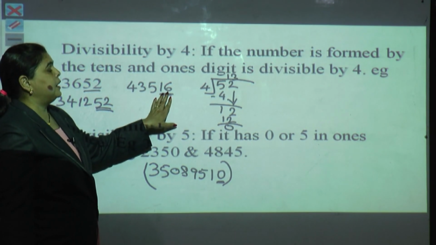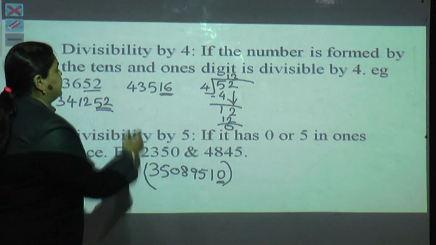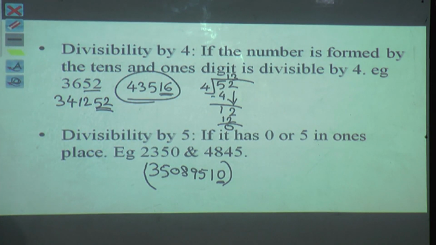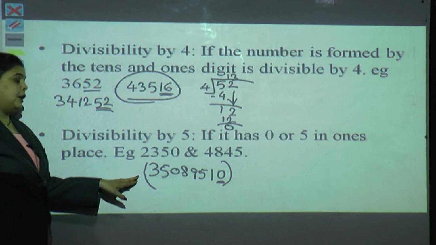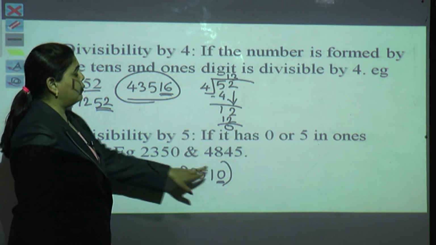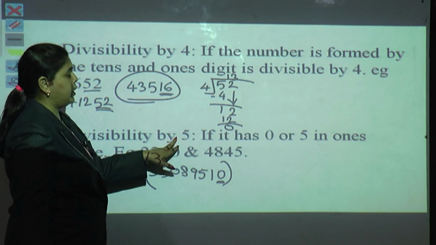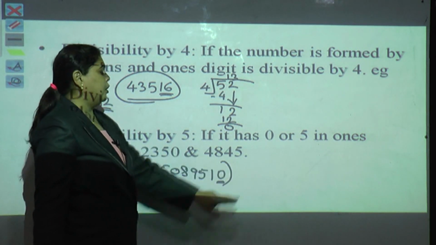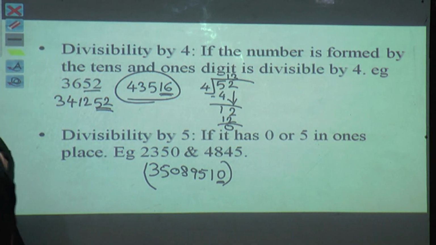So you are getting 0 as a remainder. So you can say that this number is divisible by 4. I gave you the large number for the divisibility of 5: in the ones place it should be 0 or 5, then we can say this number is divisible by 5.